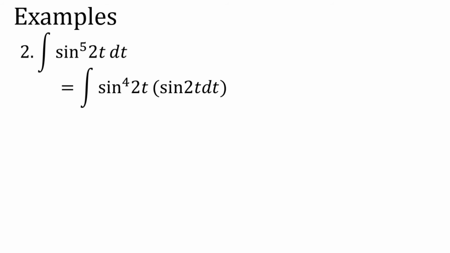So let us split sine raised to 5 2t into sine raised to 4 2t and sine 2t. So now we're going to have the integral of sine raised to 4 2t times sine 2t dt.